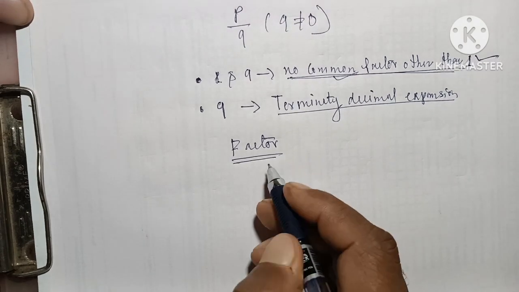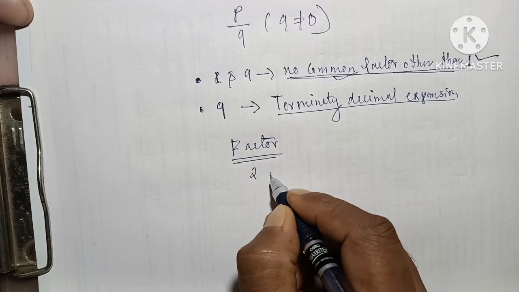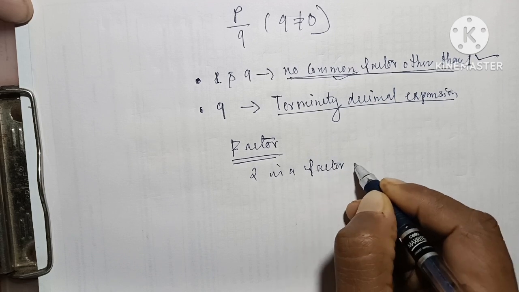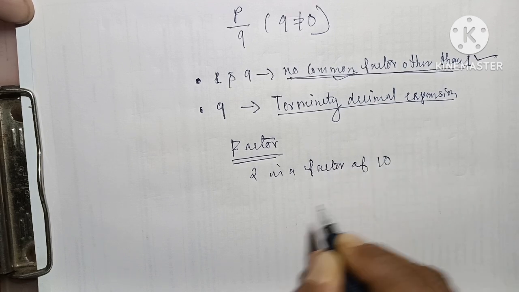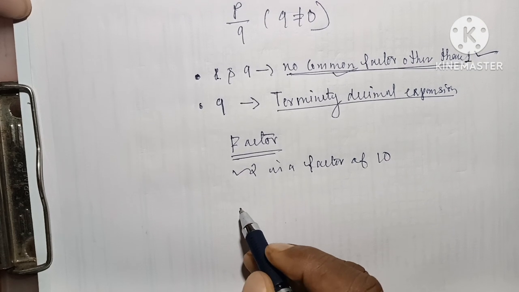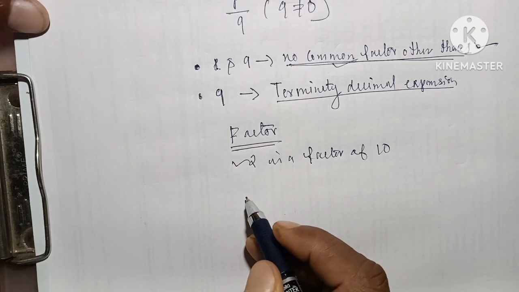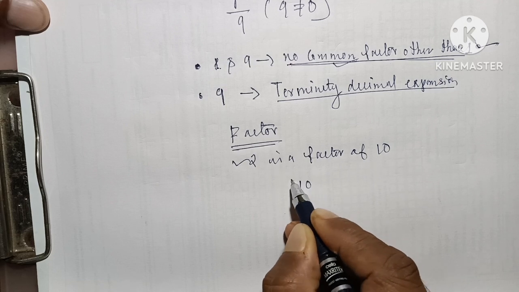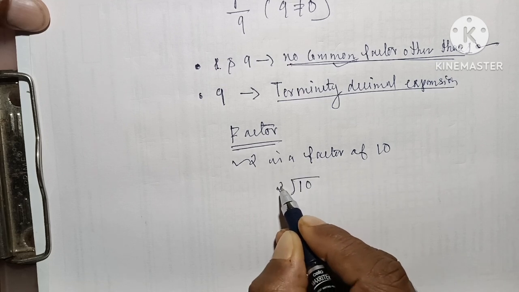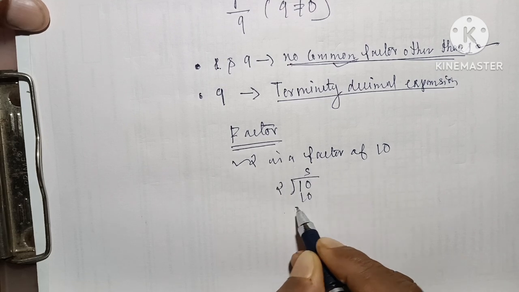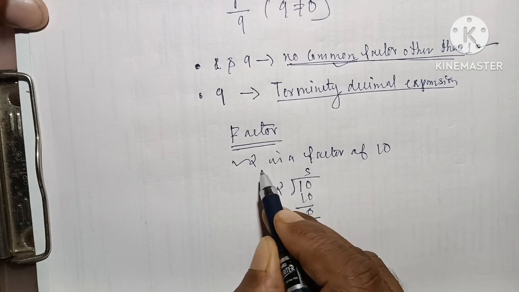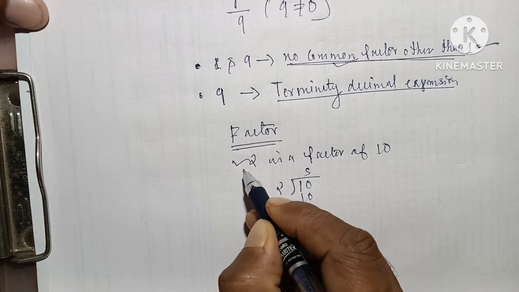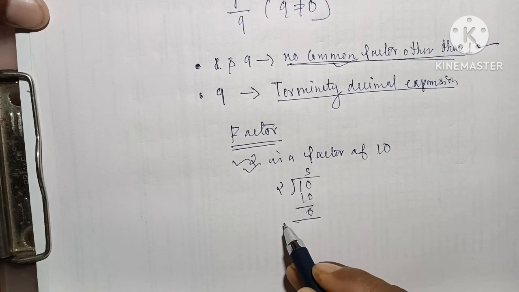If I say 2 is a factor of 10, let's check whether 2 is a factor of 10 or not. 2 is a factor of 10 means 10 is divisible by 2, 2 fives are 10 with remainder 0. If we divide 10 by 2, the remainder comes 0, means 2 is a factor of 10.